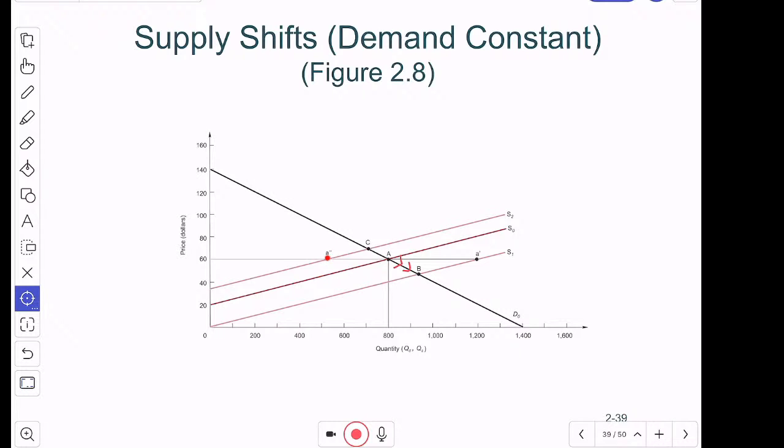To induce suppliers to provide more, consumers would be willing to bid up the price to get more, and that will result in this readjustment to this new price. This would be the new equilibrium price.